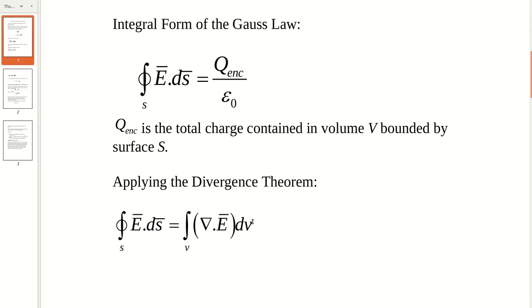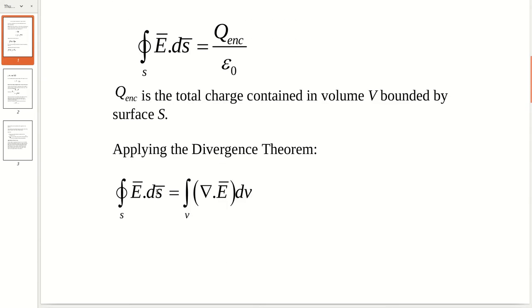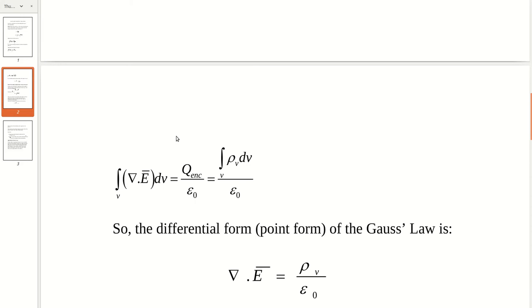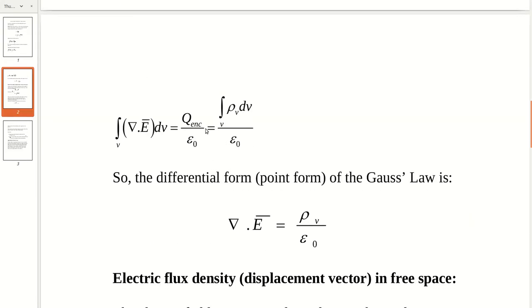This is from the divergence theorem. So the enclosed surface integral is equal to Q over epsilon 0, and again after applying the divergence theorem, equal to Q over epsilon 0.